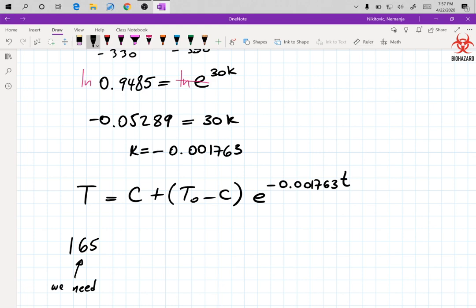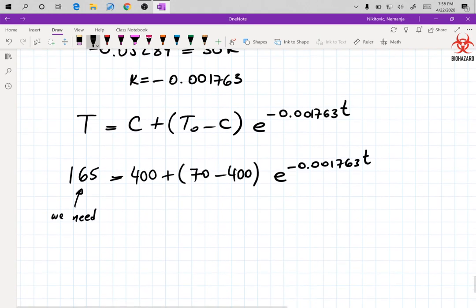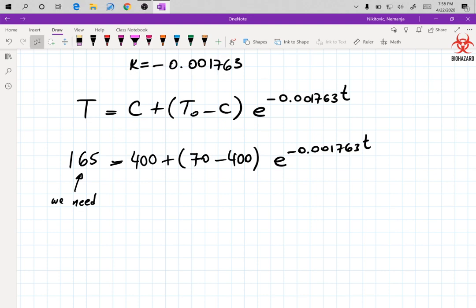So this is what we need. We know that the oven temperature is 400. We know that the initial temperature for the chicken was 70 going in, minus 400. And now e to the negative 0.001763 T. So I hope you see that the T is the only variable, and it's the same calculation as before.